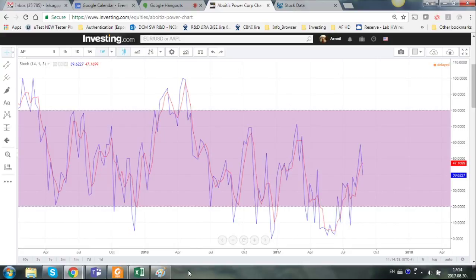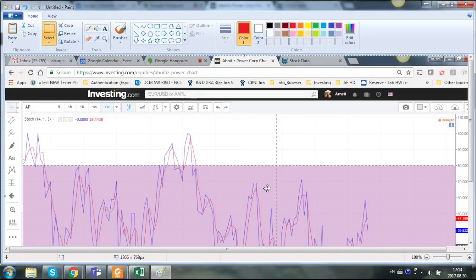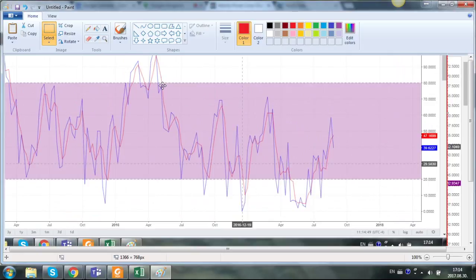Kung kanina mayroon tayong 70 and 30 na level of overbought and oversold, sa stochastic naman, 80 and 20. 80 for the overbought, 20 for the oversold.